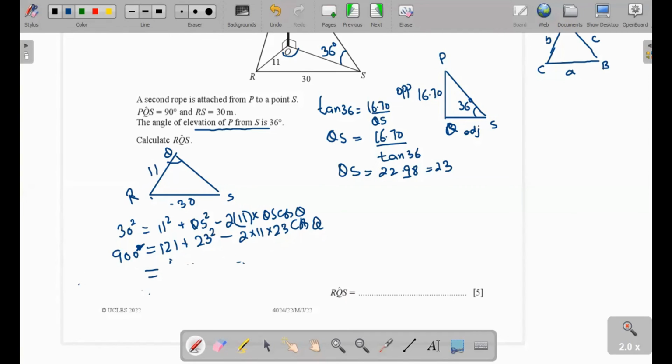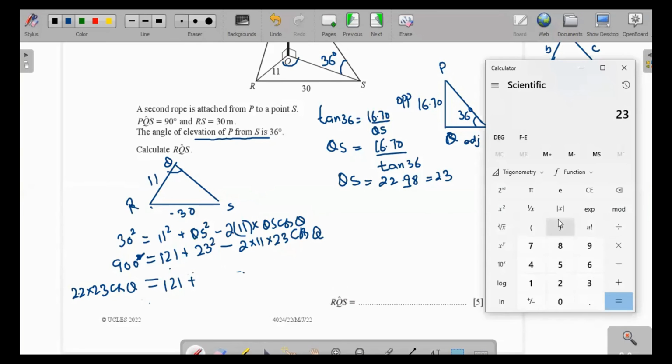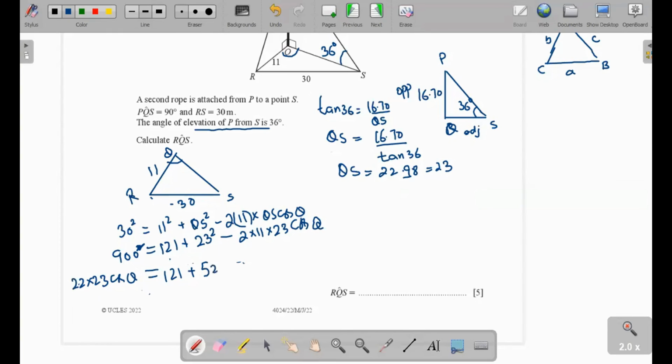That is equal to 22 multiplied by 23 cos Q. 121 plus 23 square, 529, minus 900.